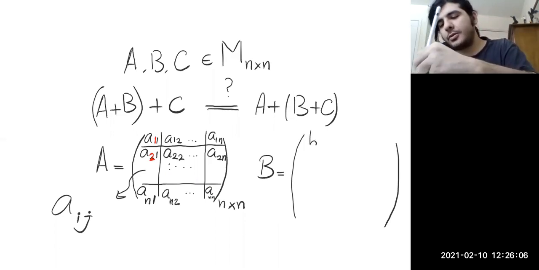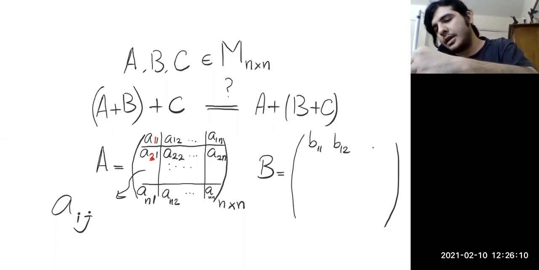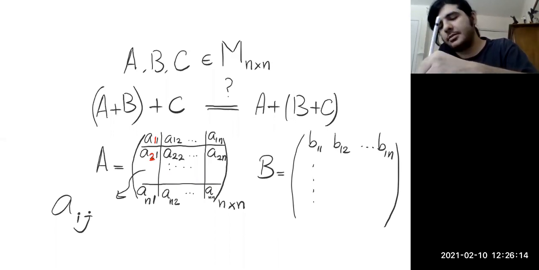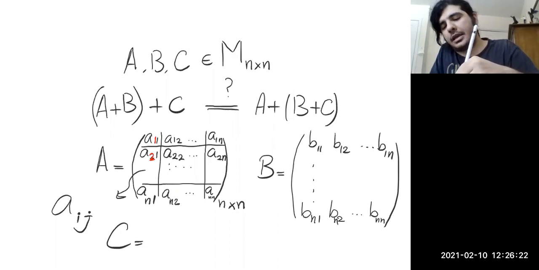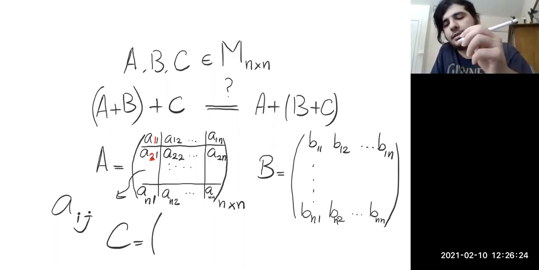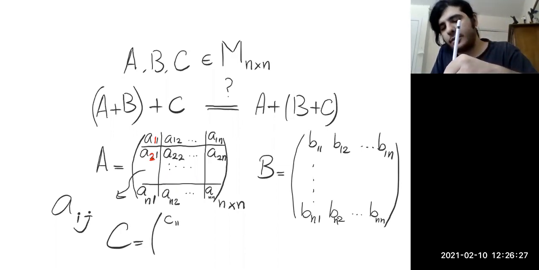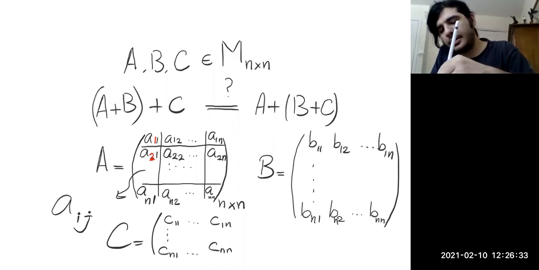This time I would show the elements here, B11, B12 up to B1n, and completely in a similar way, Bn1, Bn2, Bnn. And C again is another matrix of real numbers. I show the elements with C11 to C1n, Cn1 to Cnn.